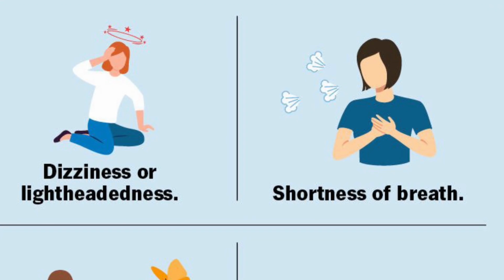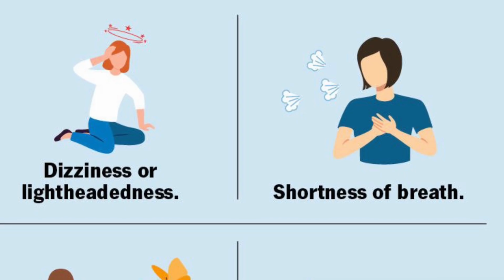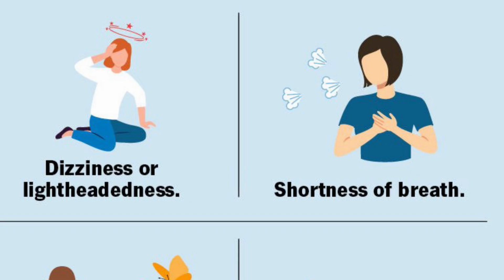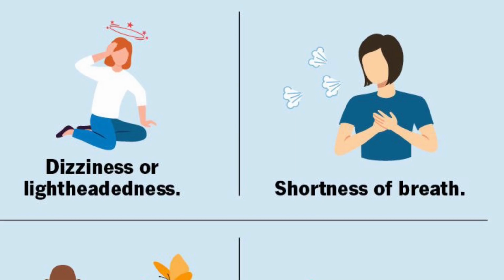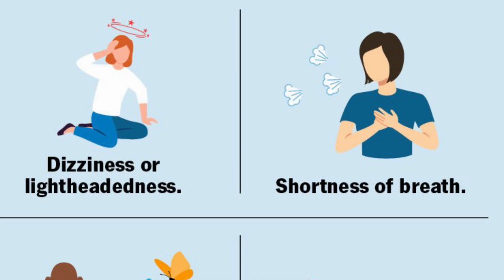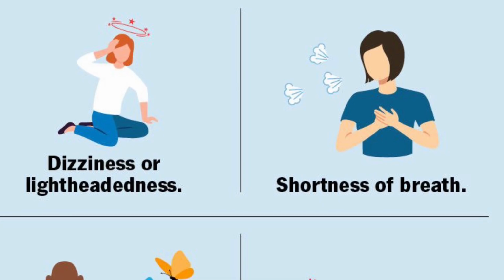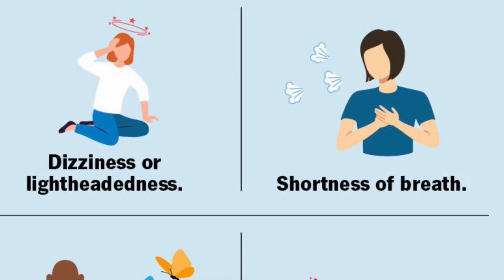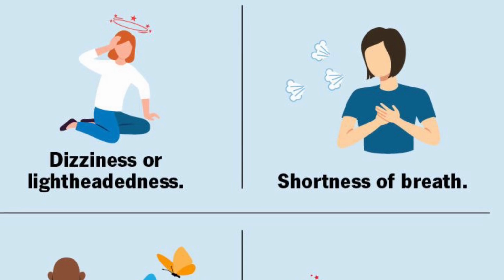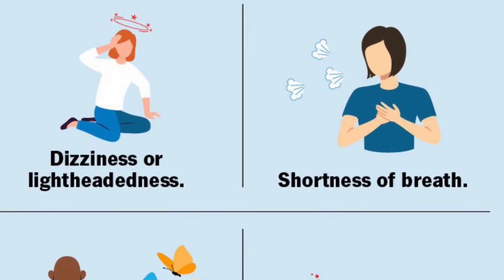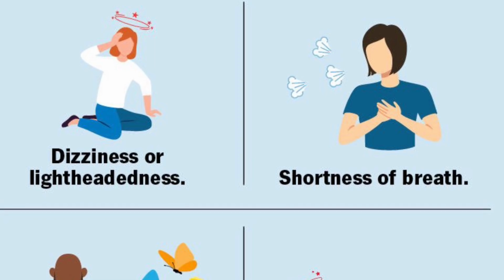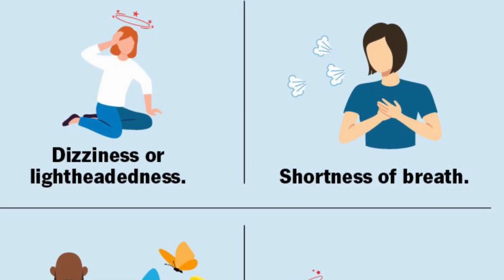O2 and blood pressure. Blood pressure. O2. Semi-Fowler's if BP is okay. We're gonna lay him flat if BP is low. I can always throw oxygen on you while you're laying flat. That was the question.